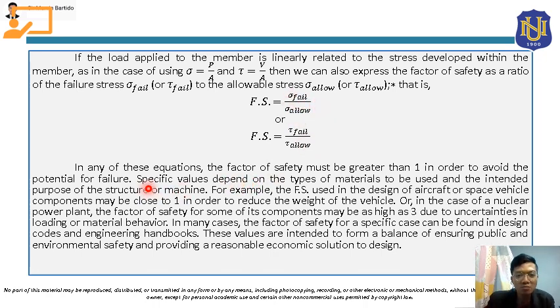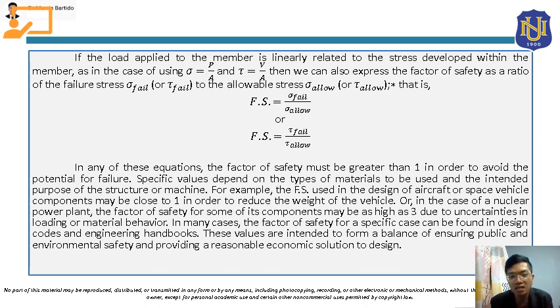So specific values depend on the types of materials to be used and the intended purpose of the structure or machine. For example, the factor of safety used in the design of aircraft or space vehicle components may be close to 1 in order to reduce the weight of the vehicle. Or in the case of a nuclear power plant, the factor of safety for some of its components may be as high as 3 due to uncertainties in loading or material behavior.